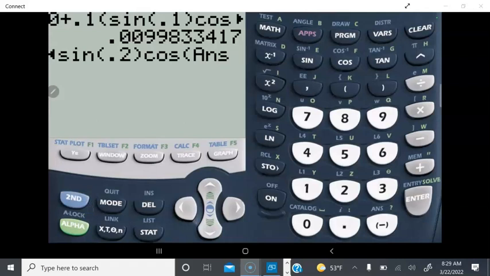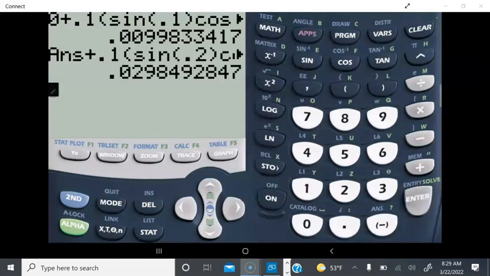So I can do that second answer again. The calculator is still rounding, but it's got a lot more digits than we can actually see on the screen. So it's a pretty darn good approximation, even though it's rounding. And then I get a new answer. So any questions on what I just did there? So let me record that, 0.029.